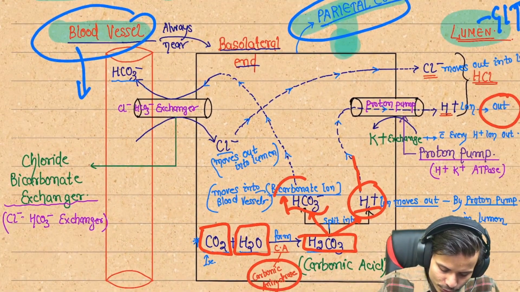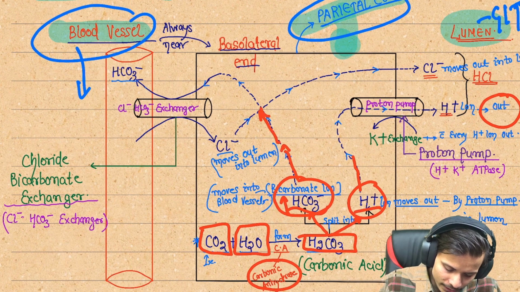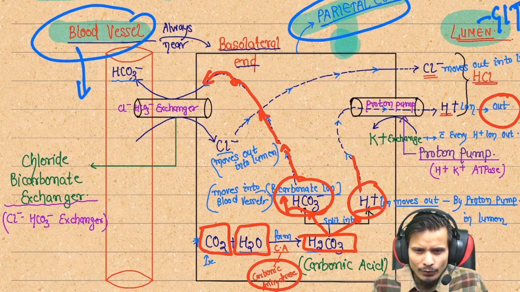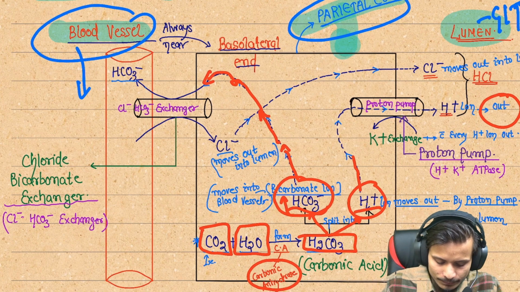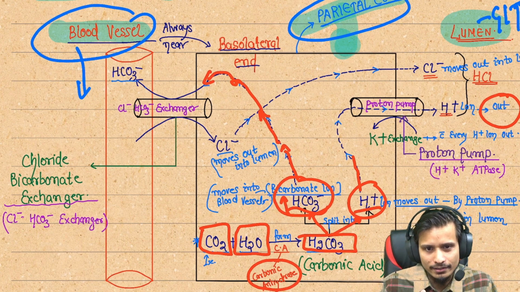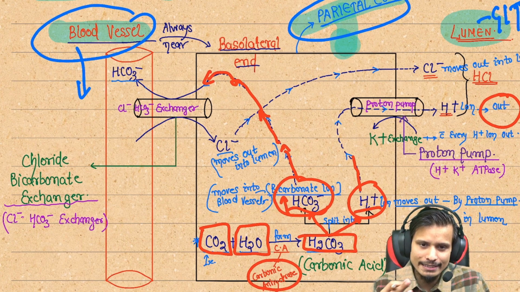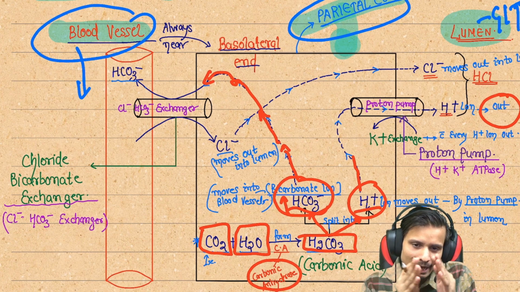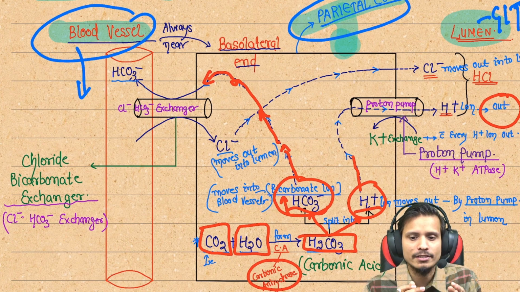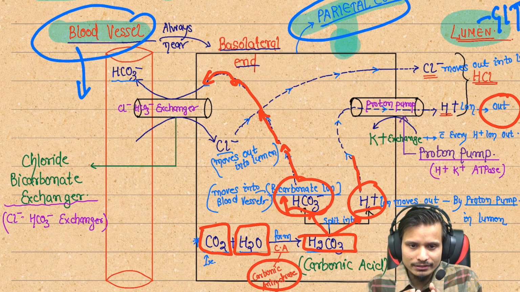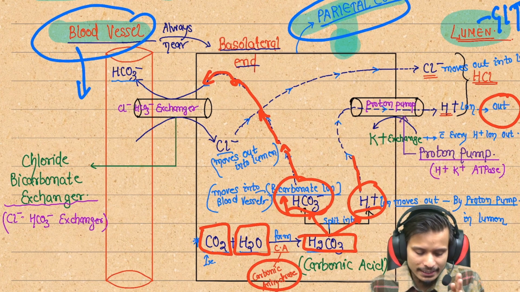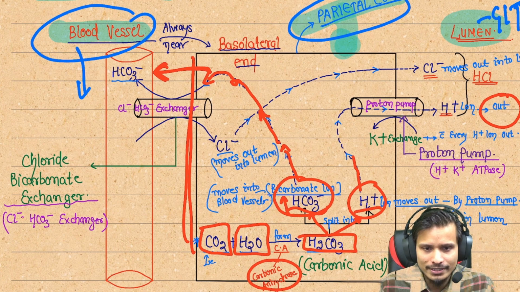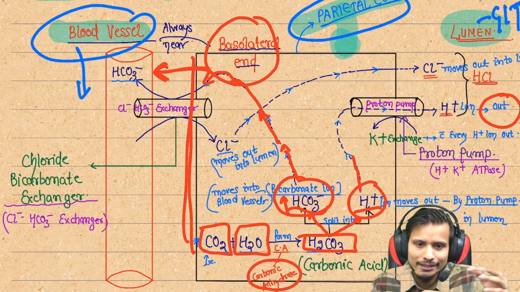Let's see. This H2CO3 is moving to a different area. Now we are learning some different terms here. What is the apical end or basal end or basolateral end of any cell? The end of the cell that is towards or near the blood vessels is called the basolateral end.